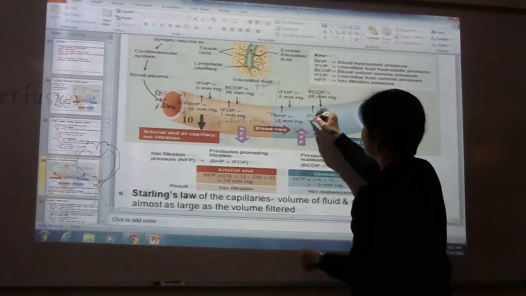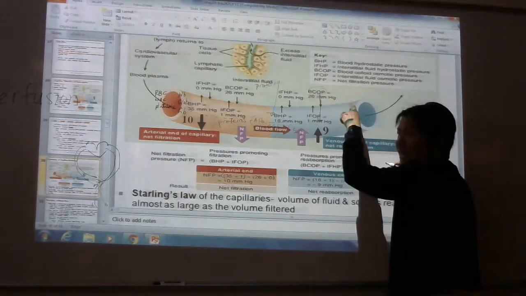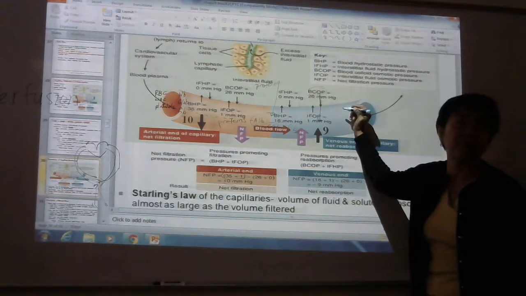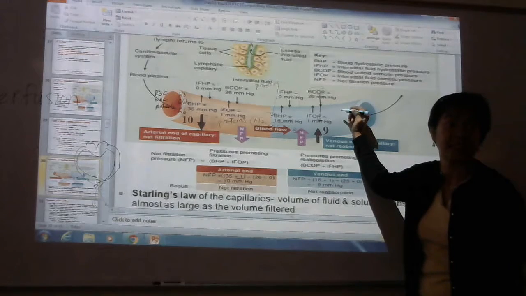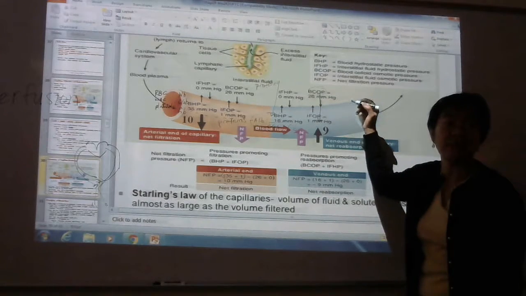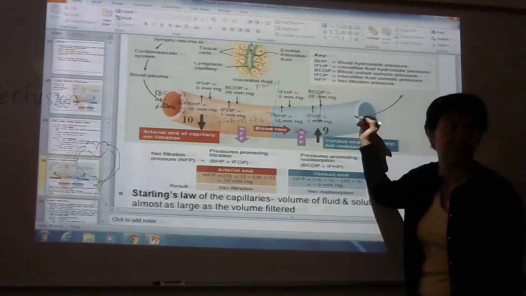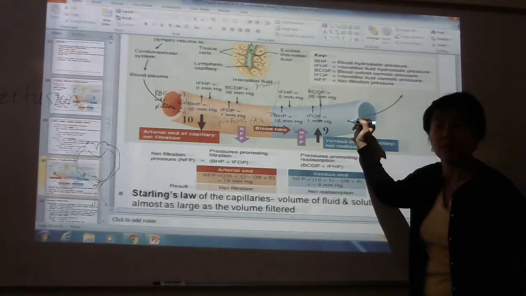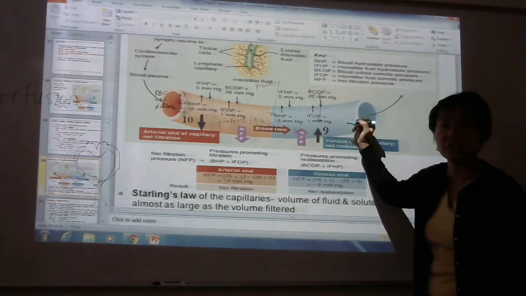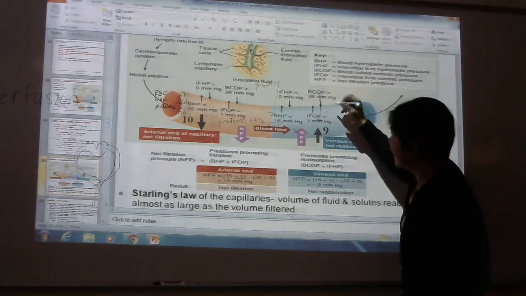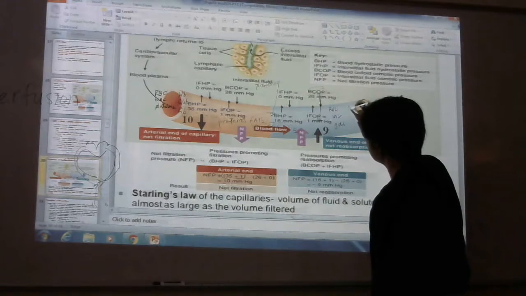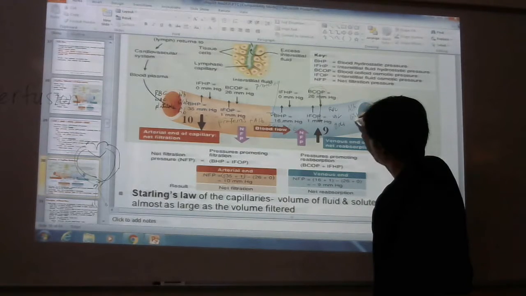They keep passing through so that by the time you get to the venous end, they're still there. It's not normal to find red blood cells in your interstitial fluid or anywhere else. They're only normal to be found inside your blood vessels. You understand? Your white blood cells, yes, they leave when there's an infection. But if there's no infection, they should stay here. So they keep passing through, and by the time you get to the venous end, you still see them, the albumin, the globulin, fibrinogen.